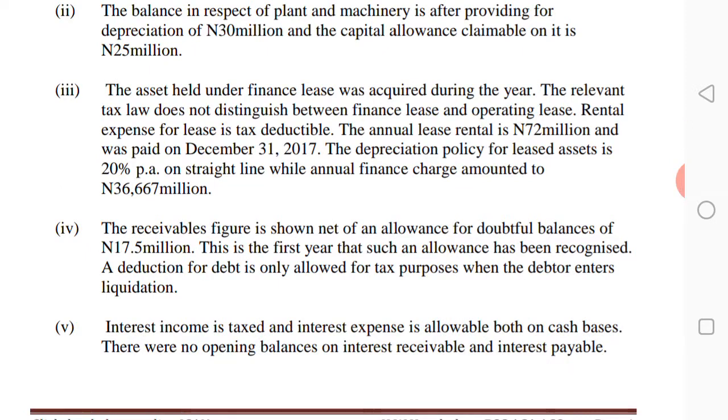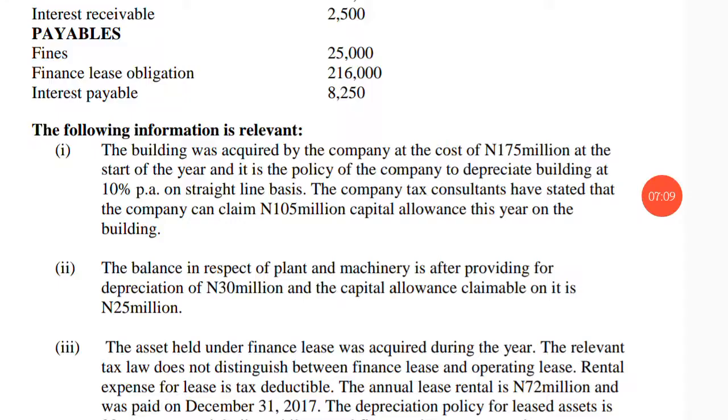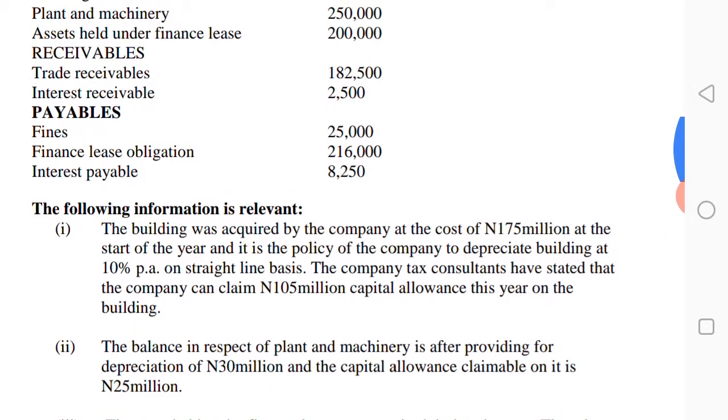For the lease, the 8,250,000 is given as our interest payable, which is under amortization.